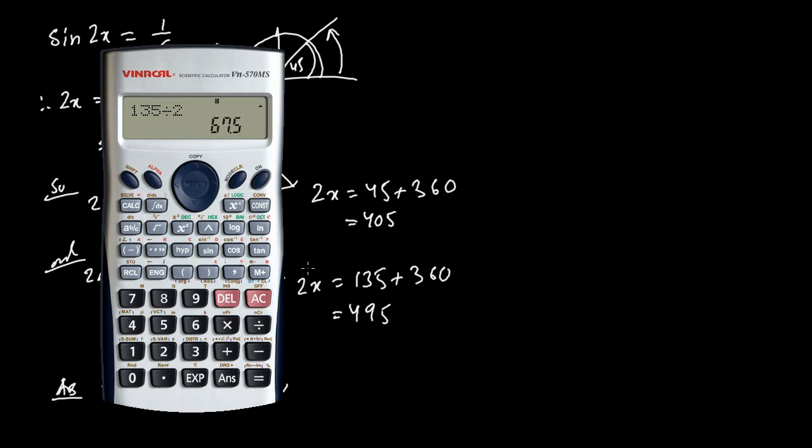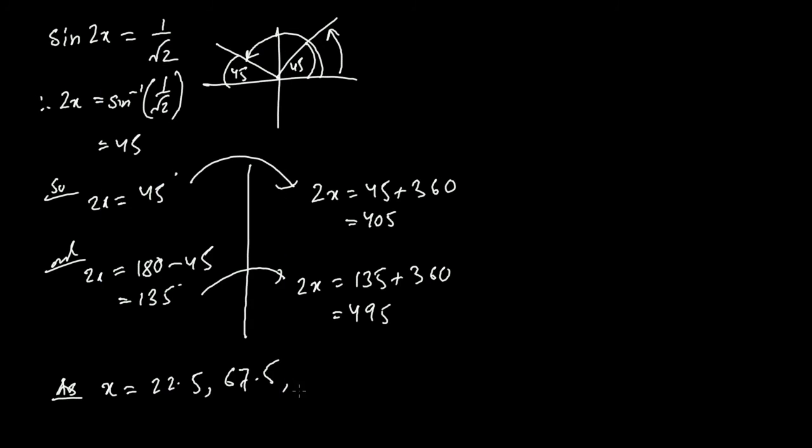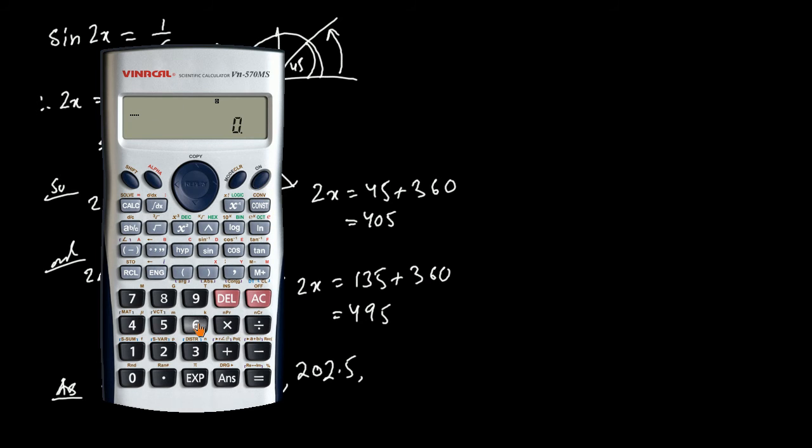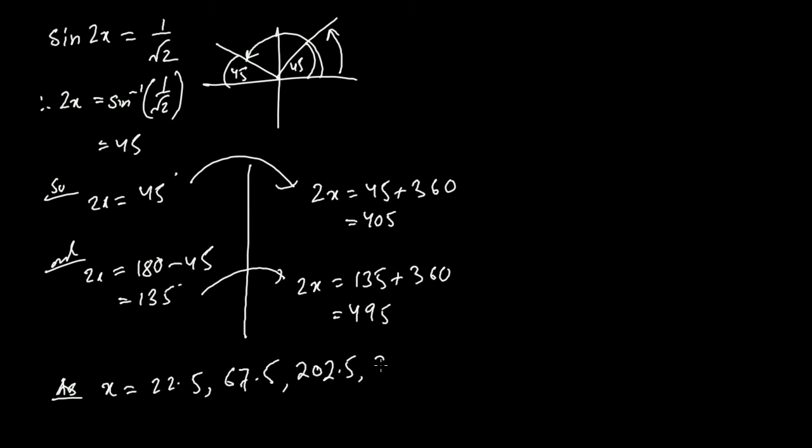Then 405 divided by 2 is 202.5. 495 divided by 2 is 247.5. So we have four values.